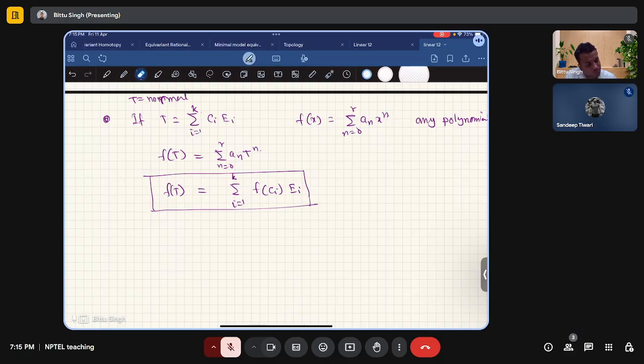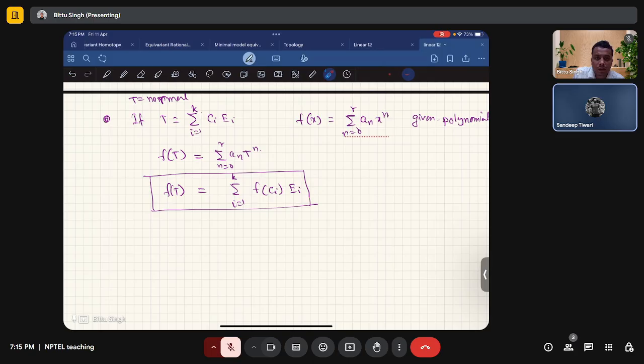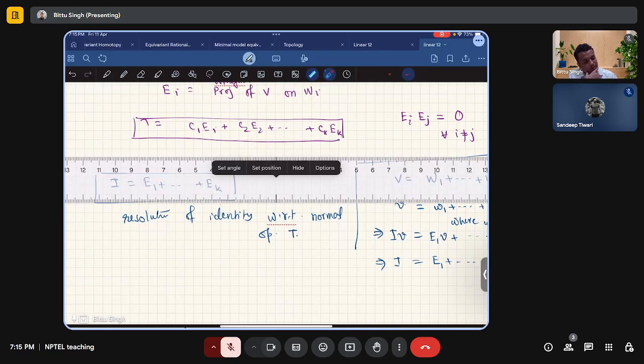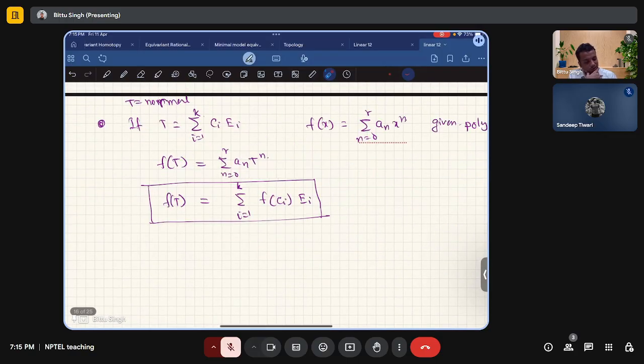No, this is given a polynomial. f(x) is a given polynomial. Suppose I give you a polynomial, I ask you to find the value of f(T). So, sir, the resolution is not unique? No, the resolution is already done. Here I have not used any resolution.